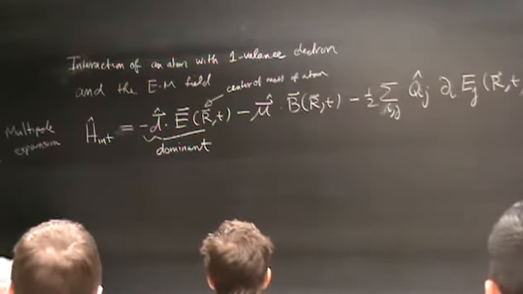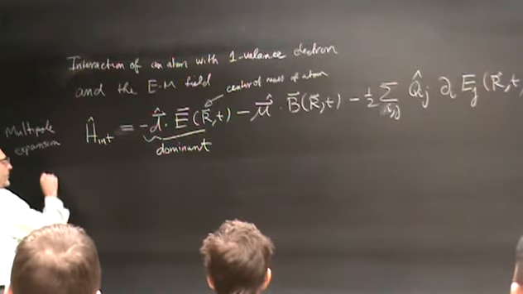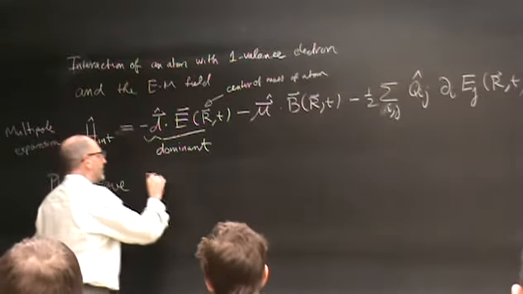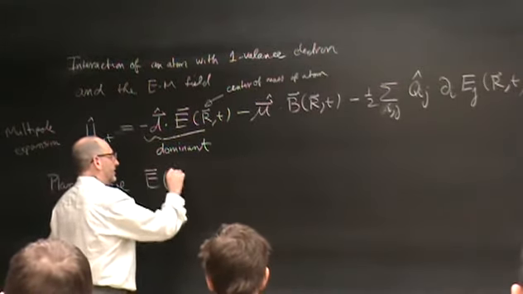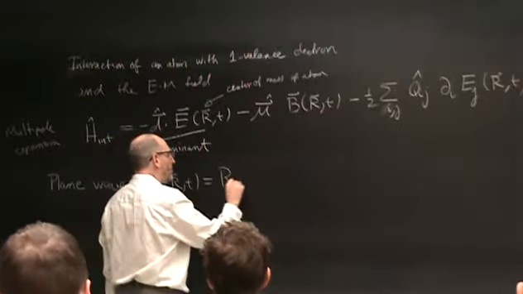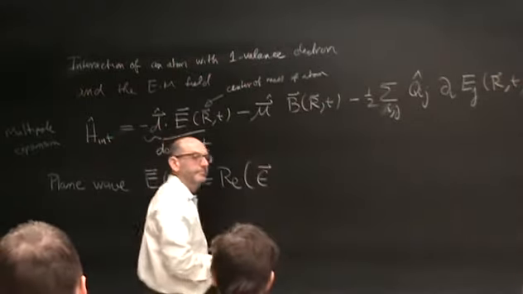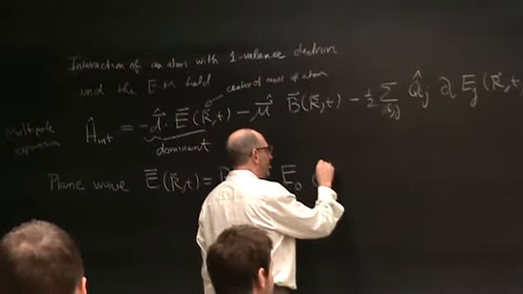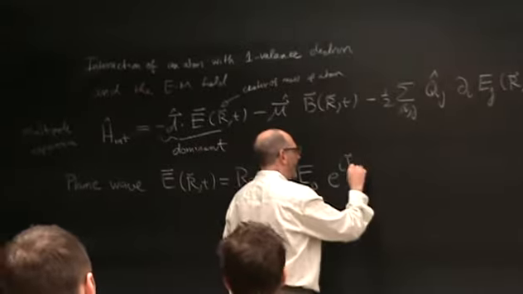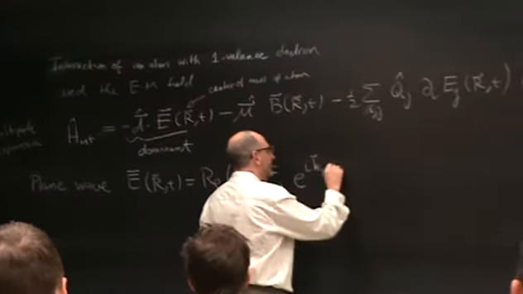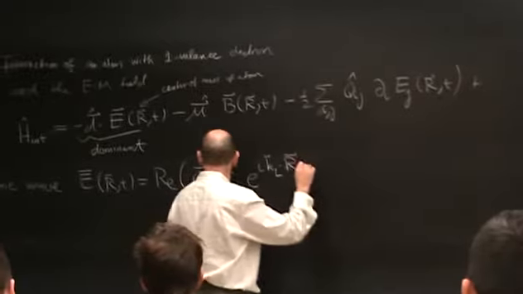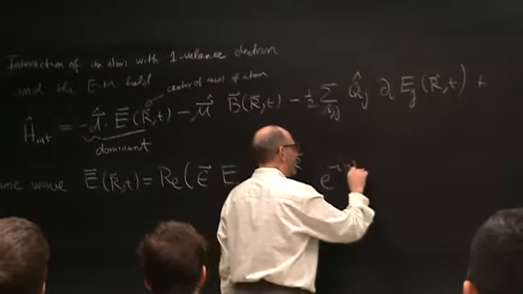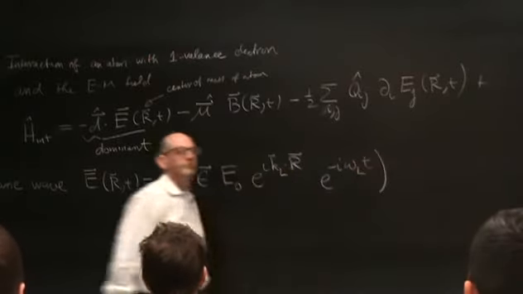So let's look at this for the case of a plane wave. My electric field is the real part of some polarization at some amplitude, e to the i k of the laser dotted into the position of the atom, e to the minus i omega t.